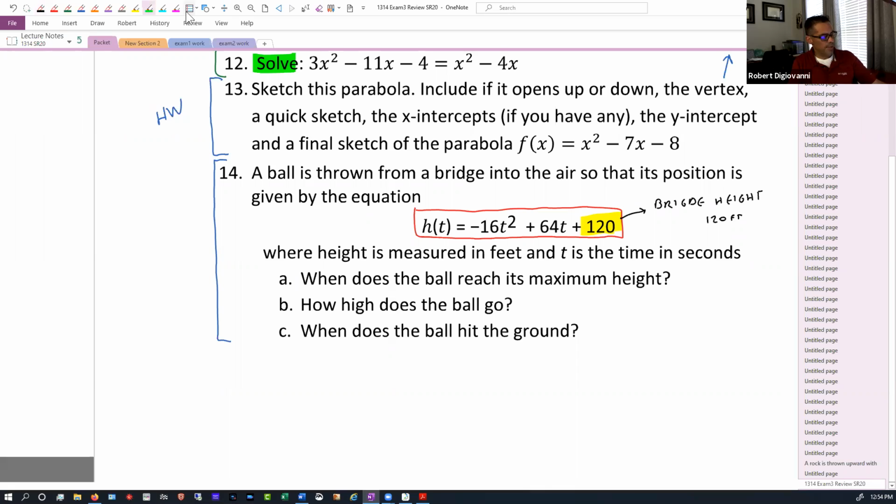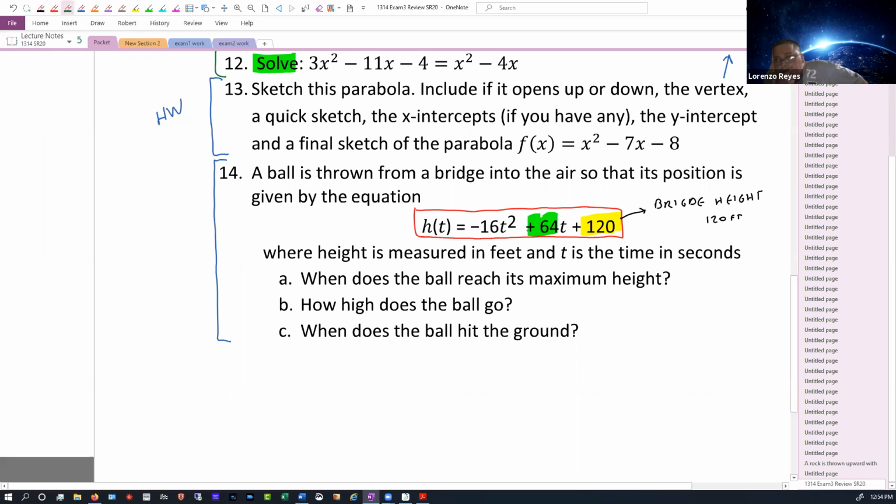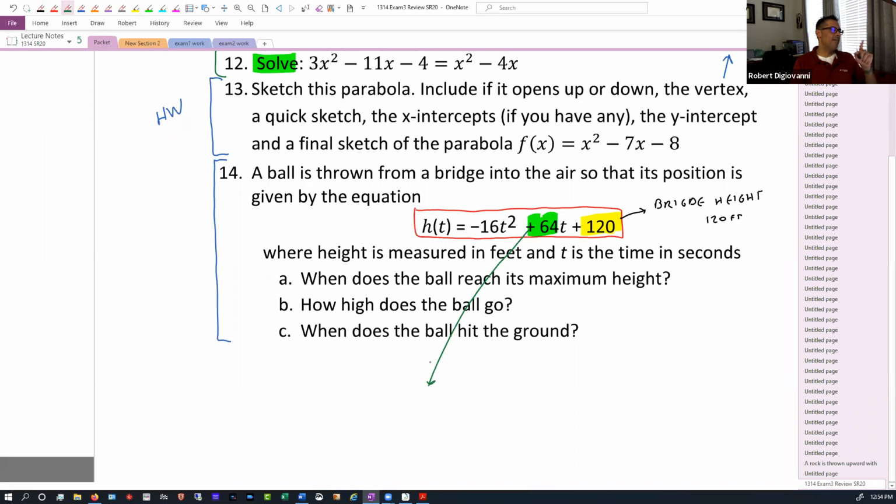What does this piece give you? That's the time. The 64 in front of the T. So 64 seconds. Oh wait, never mind. Remember that came from you throwing the ball up, right? So you threw this ball up at 64 feet per second.